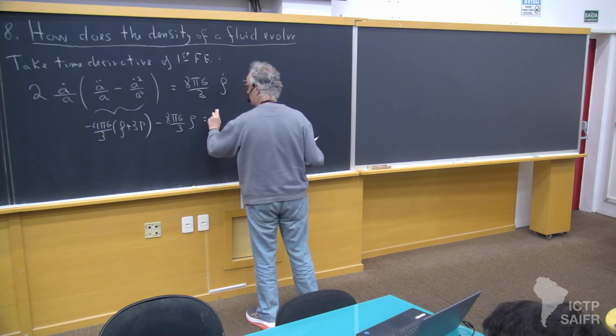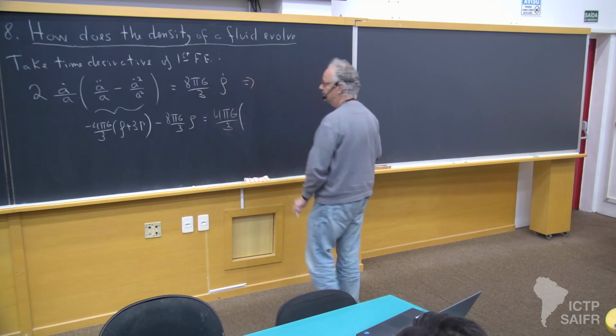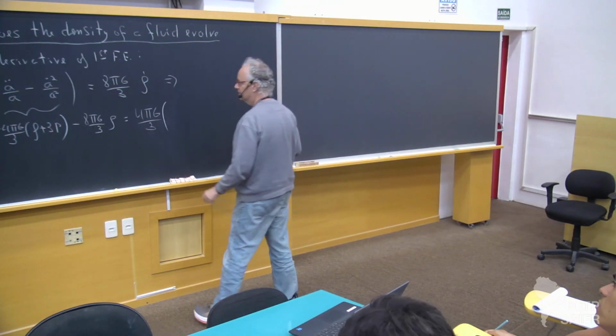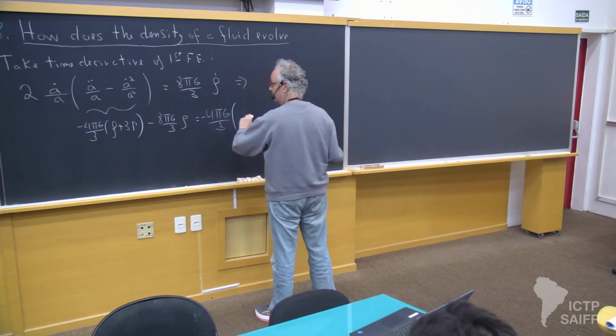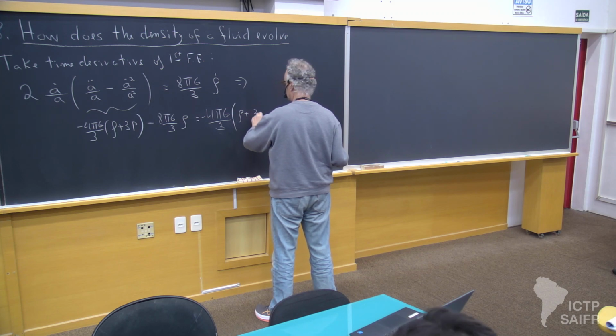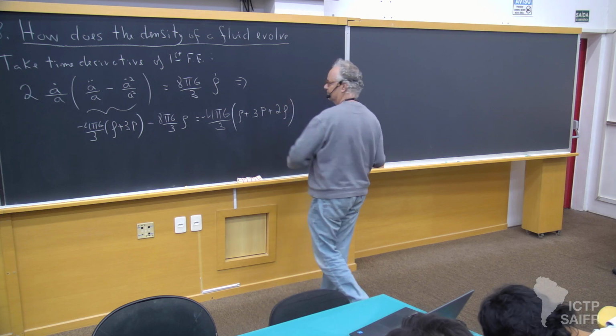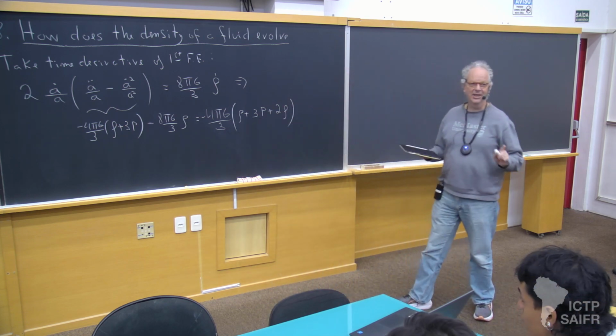This is 4 pi G over 3, with a minus sign, times (rho plus 3p) plus 2 rho. Again, make sure I don't make any sign mistakes.